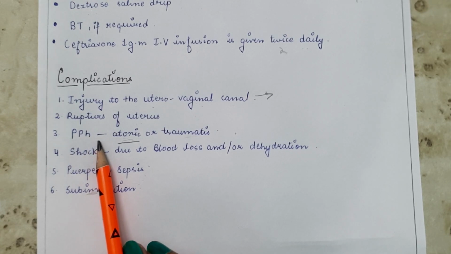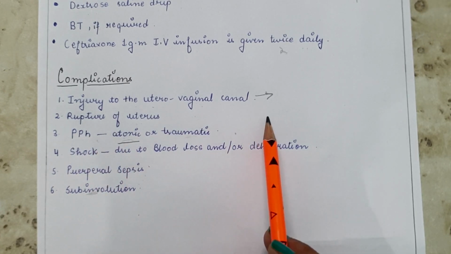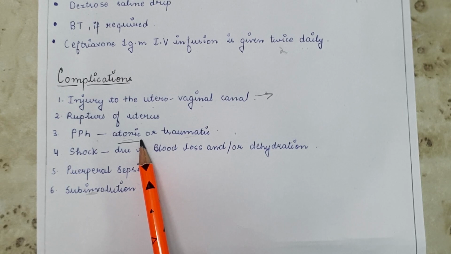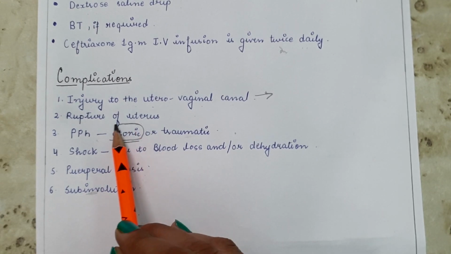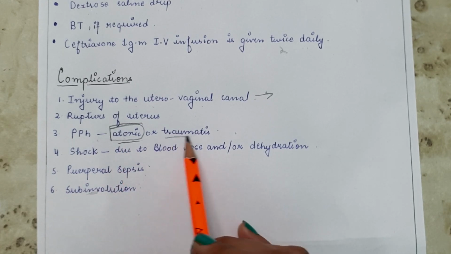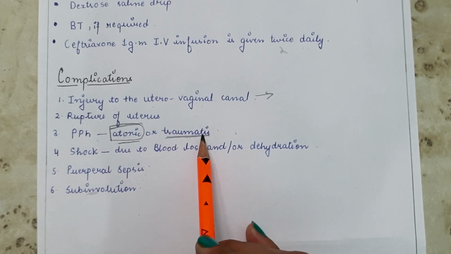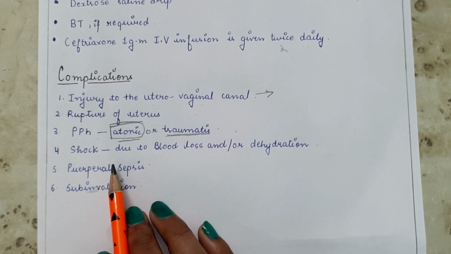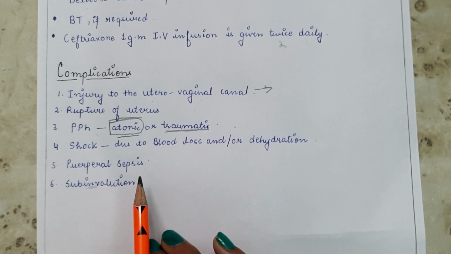If any product of conception is retained or left inside the uterus, it might cause PPH as the uterus becomes atonic, meaning unable to contract. Or if any injury occurs to the maternal tissues with the instrument used during the destructive operations.